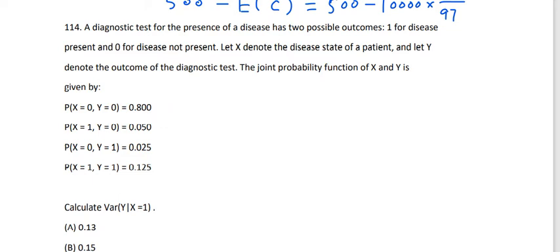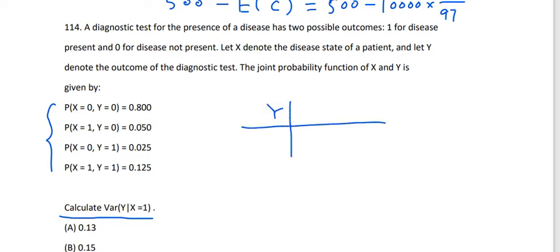So for this problem, there are two discrete variables. This is easy. We want to find the variance for y under this condition. So when x equals 1, the distribution for y, with x equal to 1, is only here or here, right? So y can be 0, y can be 1, and the probability that y equals 0 is 0.005, and y equals 1 is given.